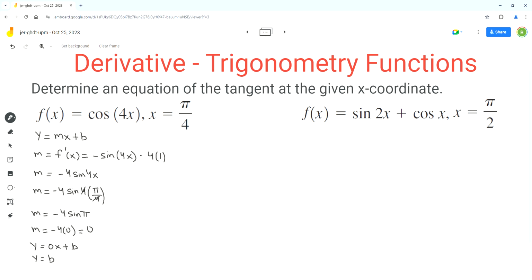Now we have to find the b value for this tangent. And for that, we should sub in a point that lies on this tangent. Now we are finding the equation of the tangent at the point for which x is equal to pi over 4. So we can find the function value, or the y value, for this x value by subbing in pi over 4 in the given function.